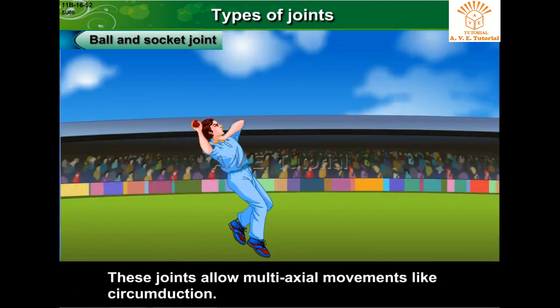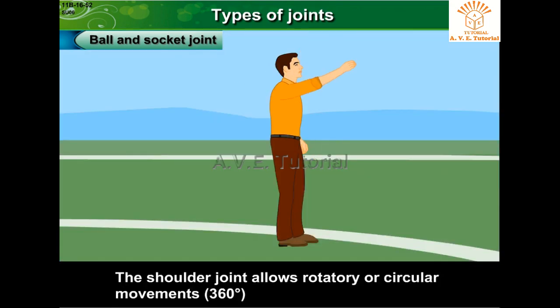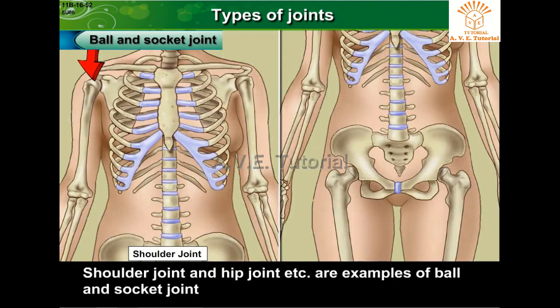These joints allow multi-axial movements. The shoulder joint allows rotatory or circular movements of 360 degrees, and the hip joint allows straight movement. Shoulder joint, hip joint, etc. are examples of ball and socket joints.